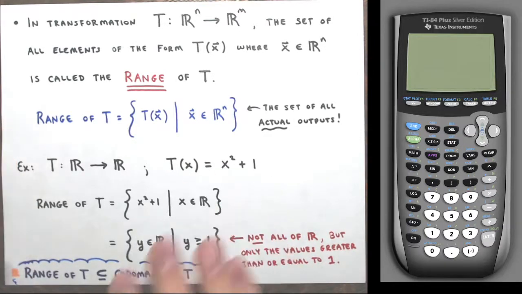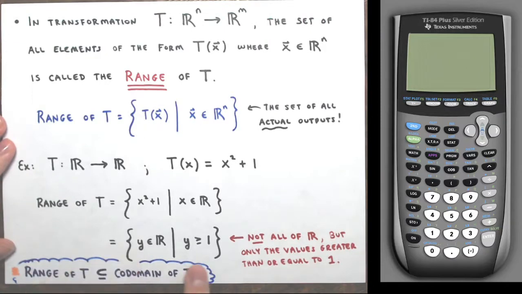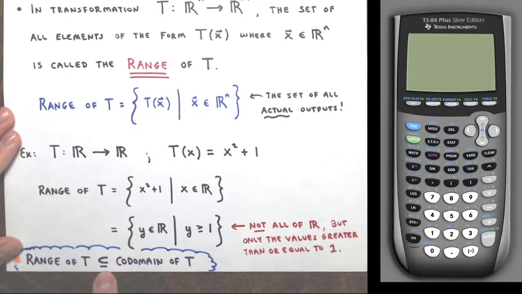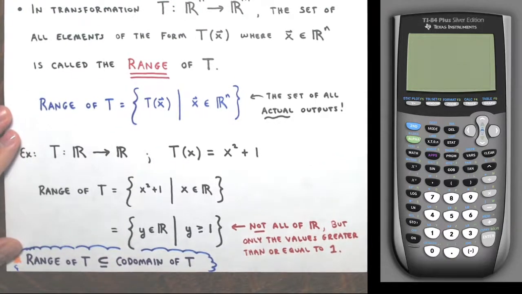So what we're seeing from this example, and this is huge, I put a little bubble down here, and I write it again on the next page even: the range of t, the range of a transformation, is a subset. That's what this little sideways U with the little half equal sign under it means. The range of t is a subset of the codomain of t.